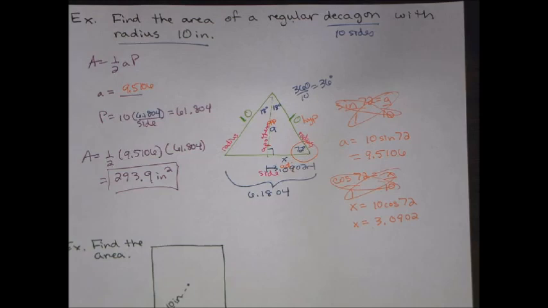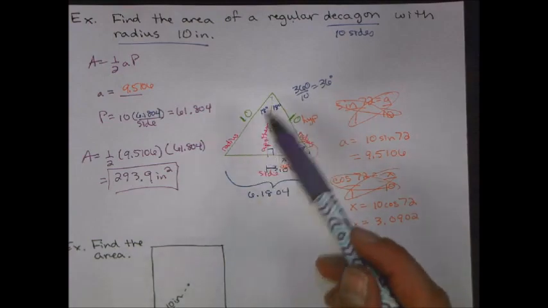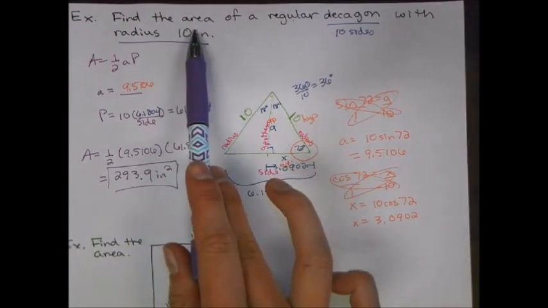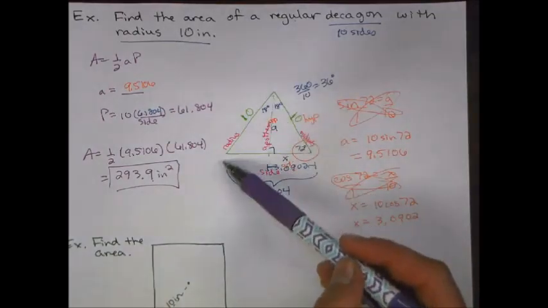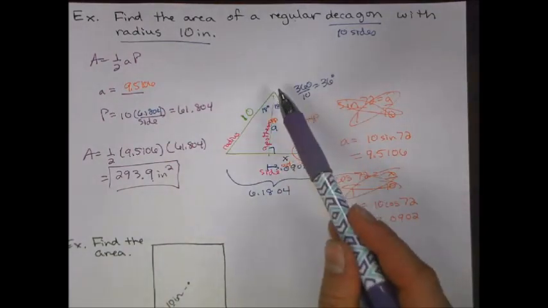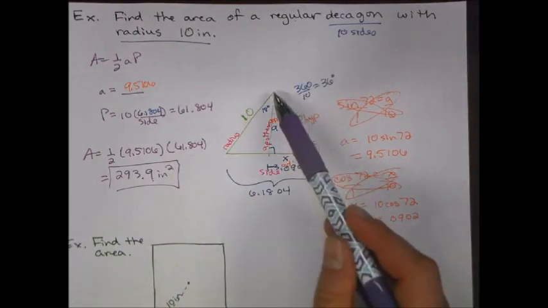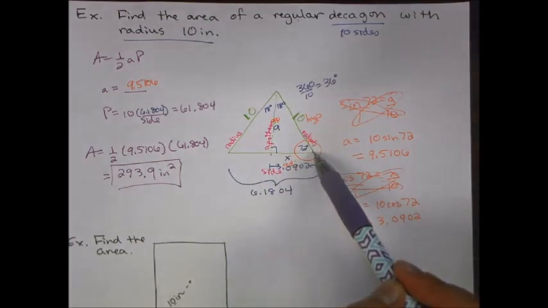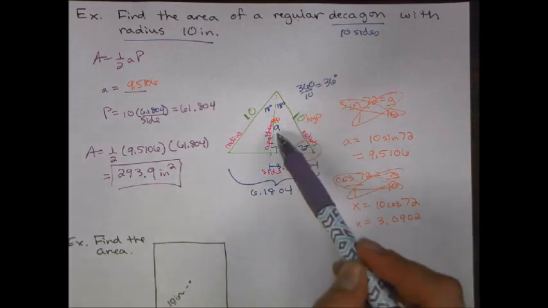Let's go ahead and kind of recap what we did. We have a decagon, radius 10. We want to find the area. This is the triangle we want to focus on. This triangle has our radius, the apothem down the middle, and our sides. We need to find the apothem and the side.